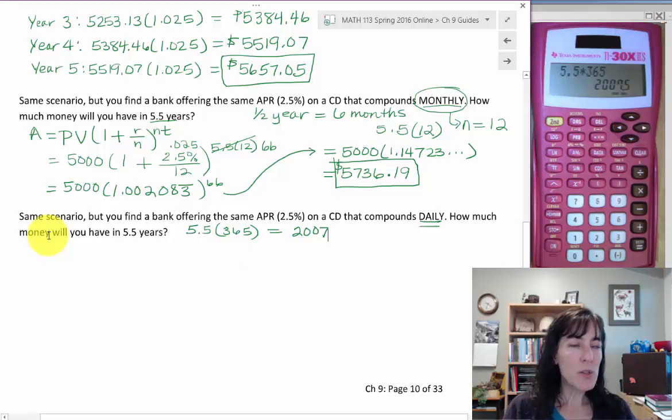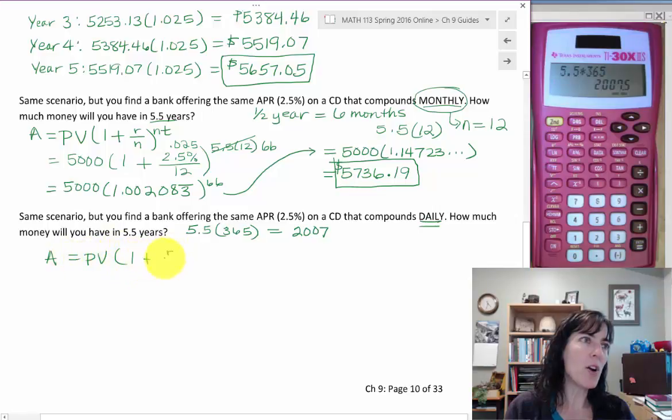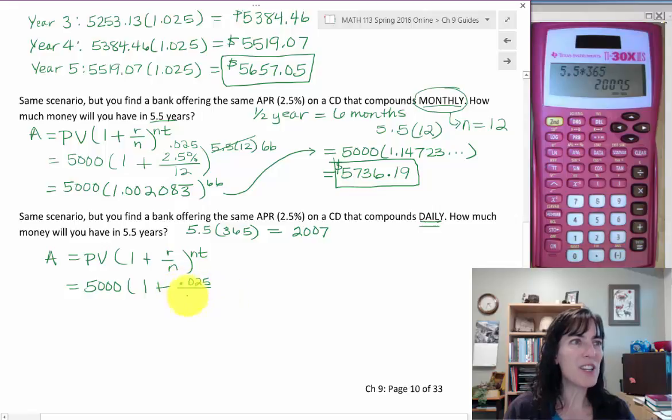All right, so then we can write out our formula. It's going to be that same formula, A equals PV times the quantity 1 plus R over N raised to the NT power. PV is still going to be my present value of 5,000, my starting value. R is going to be 2.5%. This time I'll use the 0.025, so you can see that in action.